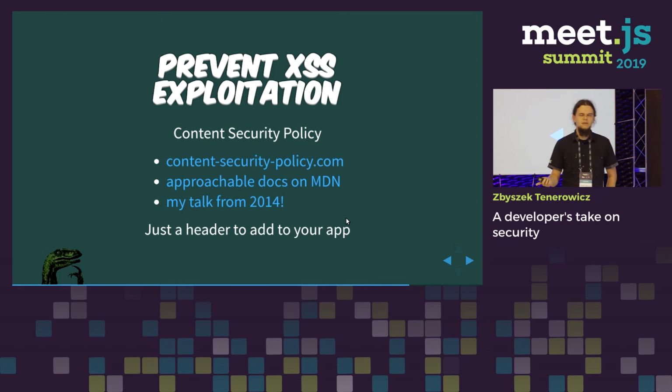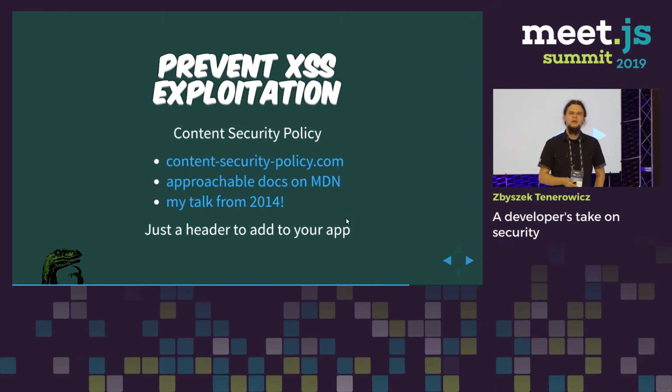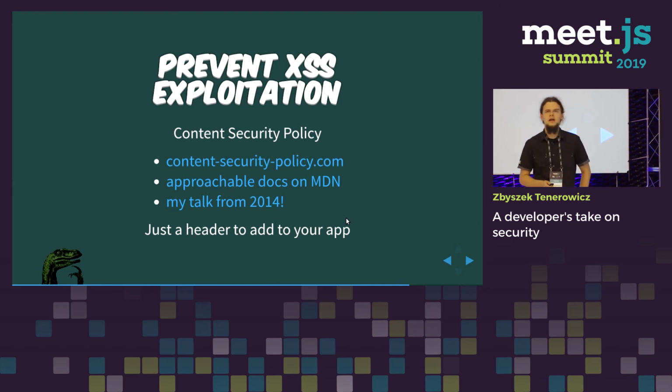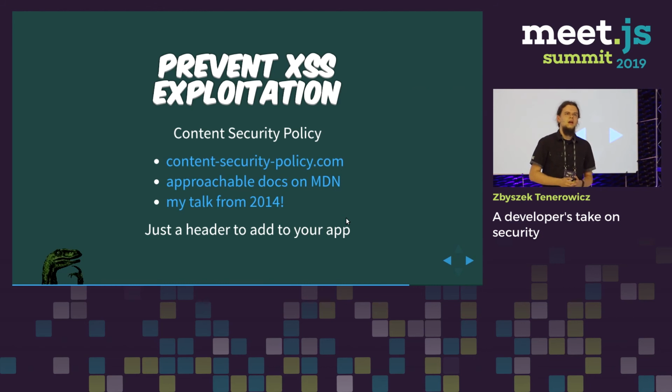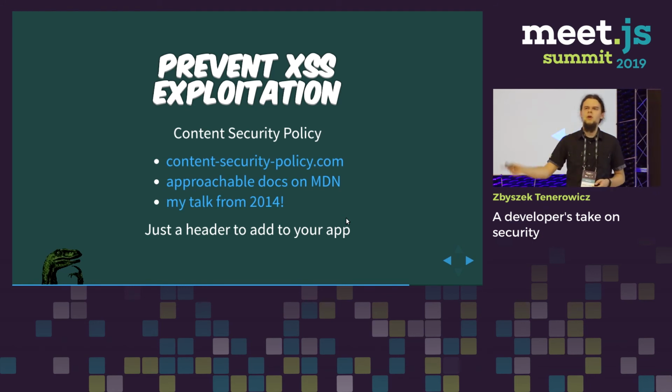Yeah, big news, right? But content security policy grew a lot. You can now stop a lot of potential attacks. The idea behind it is if you have a cross-site scripting problem in your application, and you probably have, you just don't know about it yet, content security policy will stop it from being exploited.